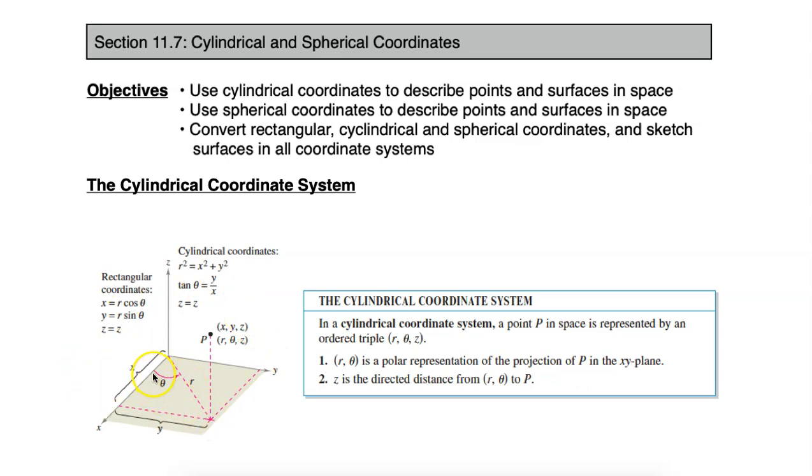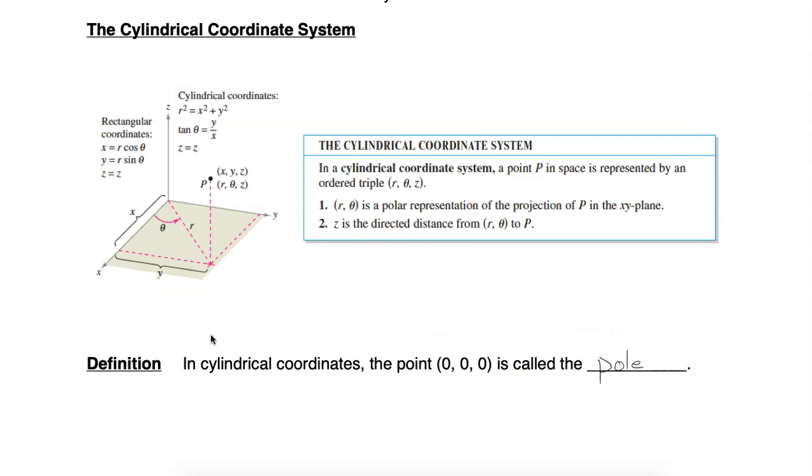The second coordinate is theta: on that cylinder, what is the angle I have to travel until I reach the point? And finally, how high do I have to go? With these three values, I can describe each point in space. So in cylindrical and spherical coordinates, the origin is called the pole.